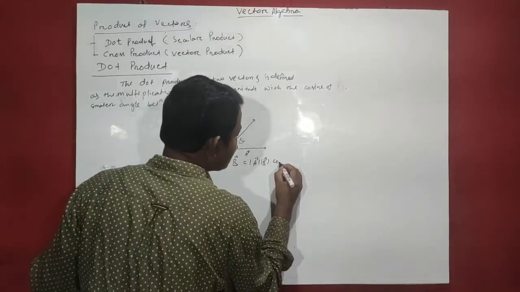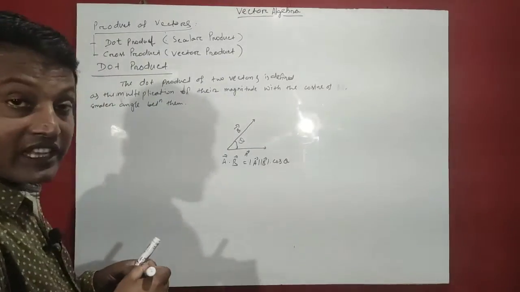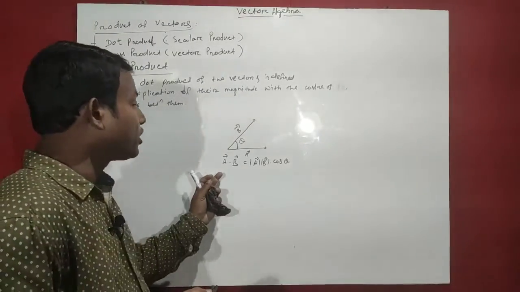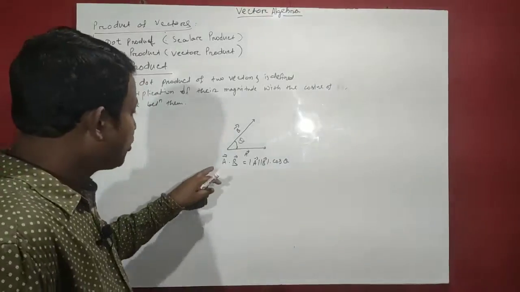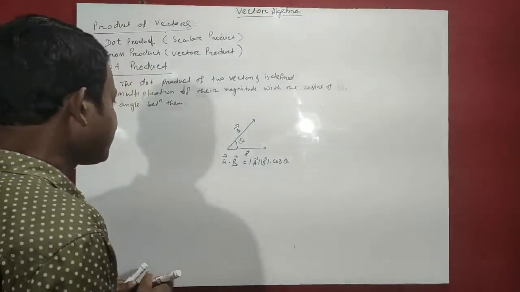Smaller angle is theta, so cos theta. If we express the definition in the form of mathematics, we can write A dot B equals A B cos theta.